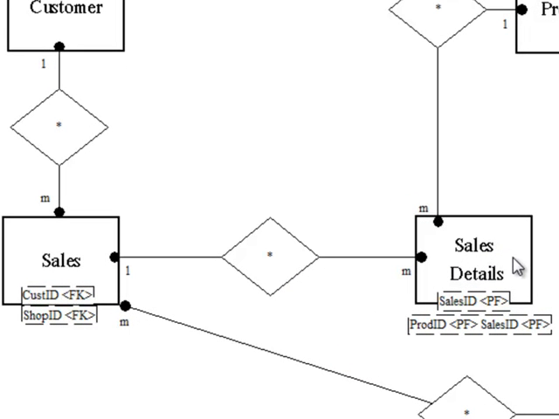So product 1, product 2, product 3, product 4, they'd all have the same sales number in the sales details table. This is the composite key if we take into account products as well, though we're just looking at these 2 tables being normalized.